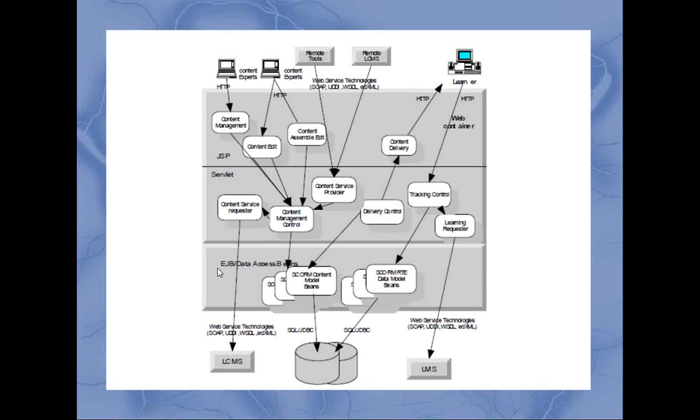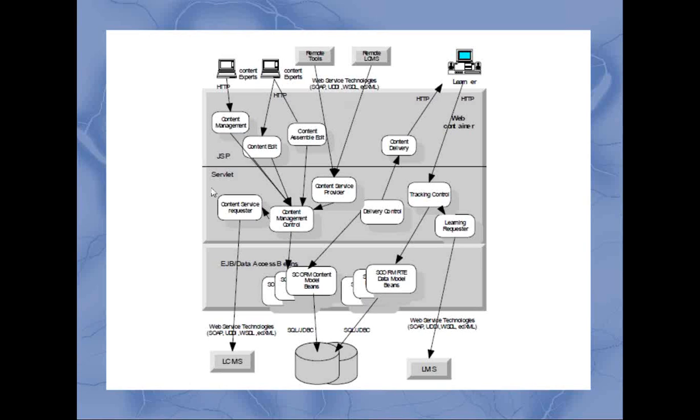The lowermost layer, or the data access layer, may contain beans. Here what I have shown is the EJB beans, where it will access the learning content using SCORM compliant data model beans. These data model beans are picked up from the database, and according to the requester, they are sent to the client.